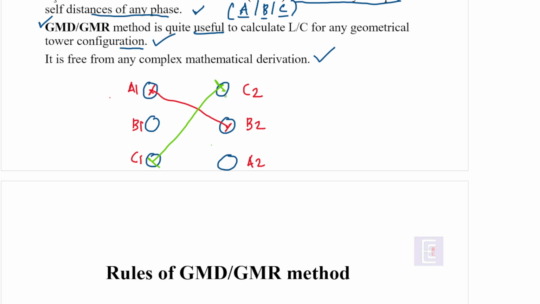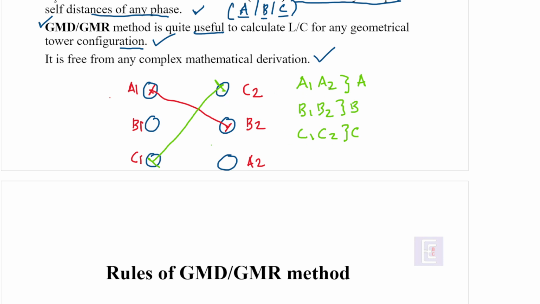Although they are different conductors, they occupy the same phase: A1 and A2 are occupying the same phase A, B1 and B2 the same phase B, and C1 and C2 the same phase C.